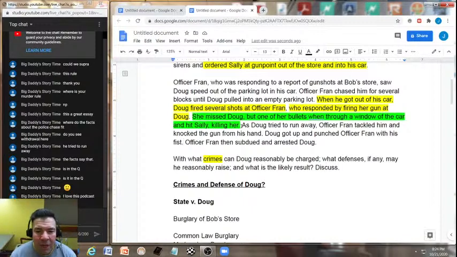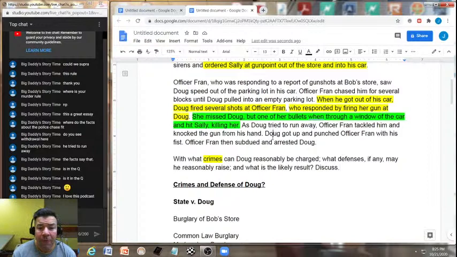Well, if that were the case, the gun that was knocked from his hand did not cause his death. In other words, I need to put that a little bit better. When Officer Fran tackled him and knocked the gun from his hand, Officer Fran knocked away the deadly force presence from the situation. So what Doug was going to then get up and punch Officer Fran for was technically non-deadly force.